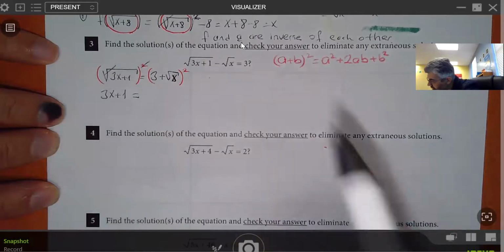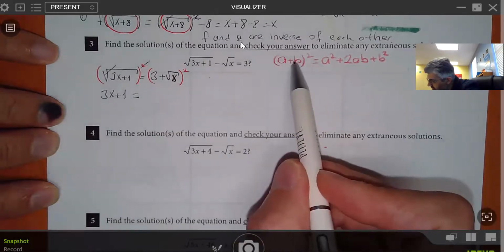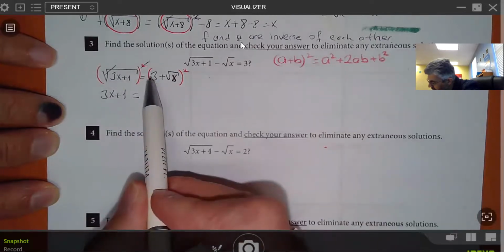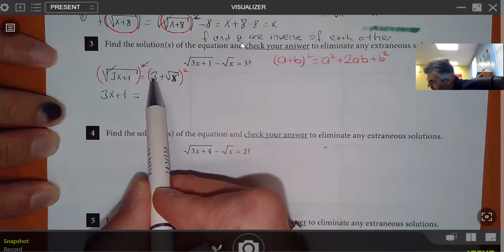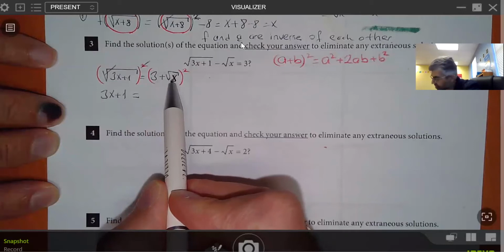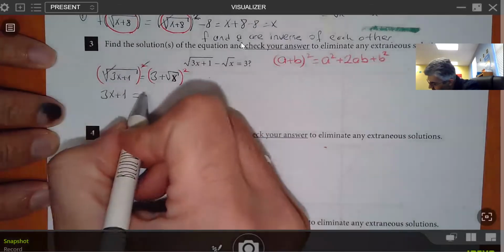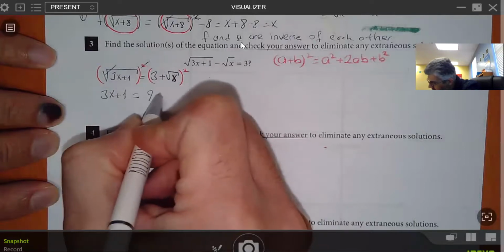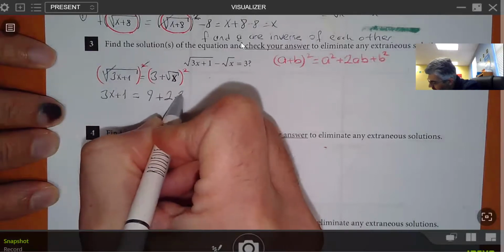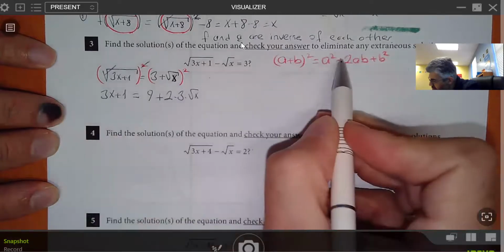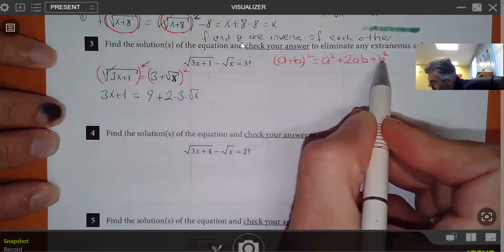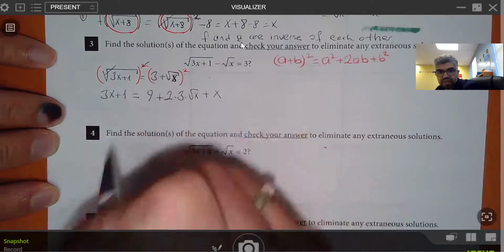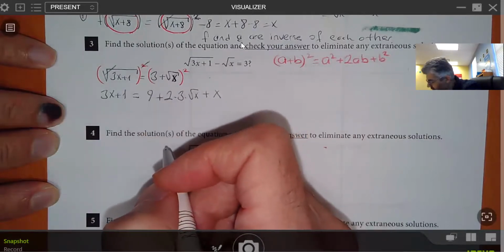Here, there are 2 terms in the parentheses. First term is a, second term is b. In our question, first term is 3, the second term is square root of x. So square of 3 is 9, plus 2 times 3 times square root of x, 2ab, and plus b squared. B is root x, square of it is just x.